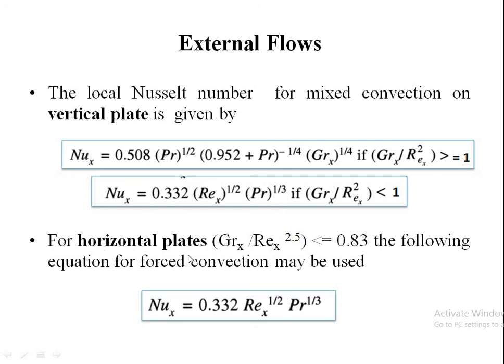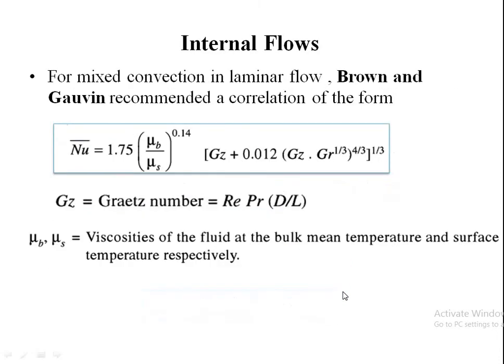For horizontal plates, if the local Grashof number divided by the local Reynolds number raised to 2.5 is very much less than 0.83, then the following equation for forced convection may be used. The simple forced convection equation we have seen for the local Nusselt number is 0.332 local Reynolds number raised to 1/2, Prandtl number raised to 1/3.